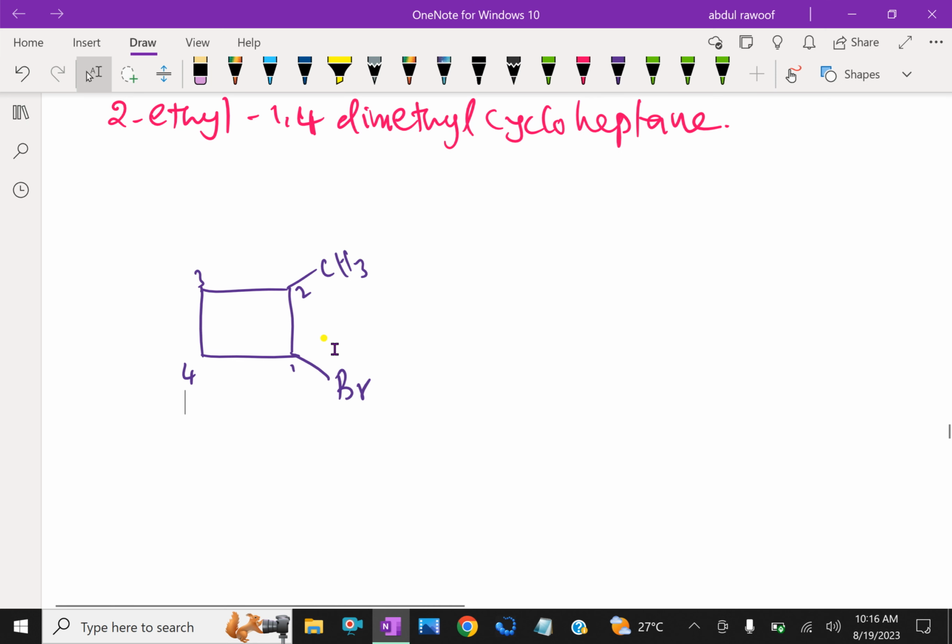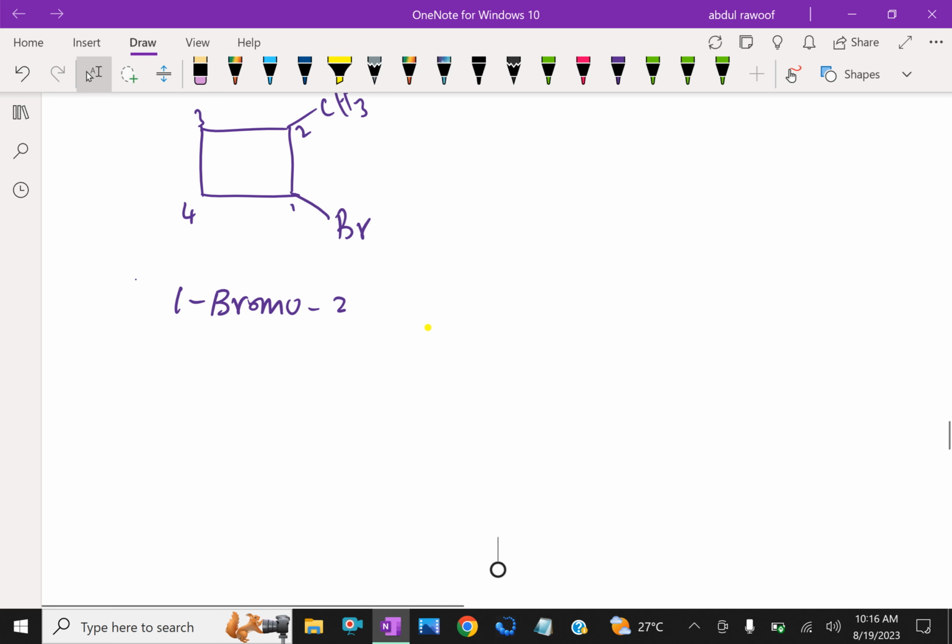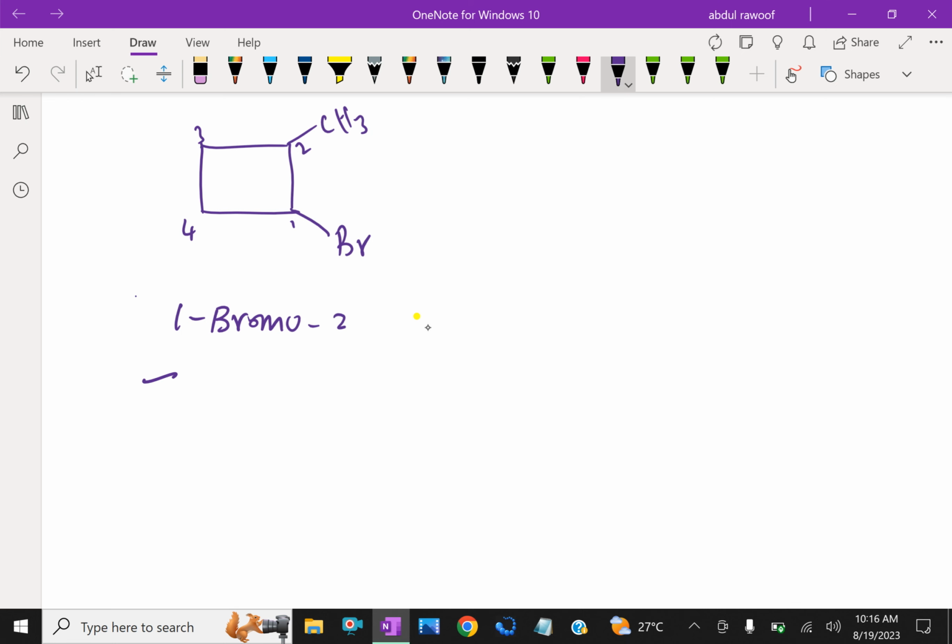This is 1-bromo, 2-methyl cyclobutane. 1-bromo-2-methylcyclobutane.